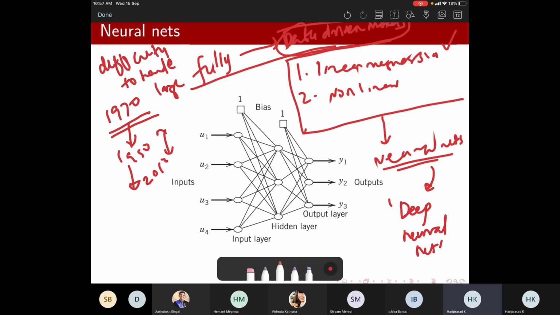There was no cloud, there was no storage worth petabytes and things like that. So the big part of the data got ignored, and that took a big dip on the neural net.